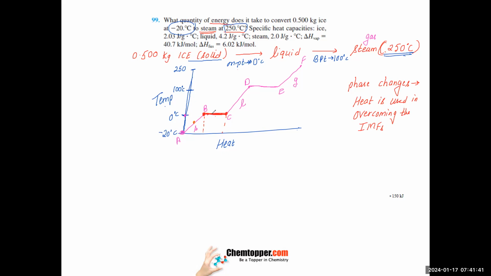So whatever amount of heat is there in this box, that's not showing you a rise in temperature because it is being used in overcoming attractive forces. It's breaking attractive forces.